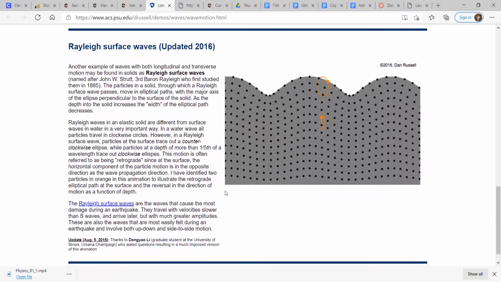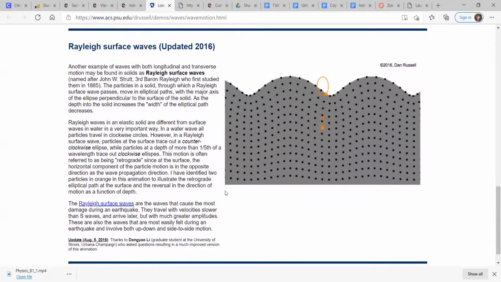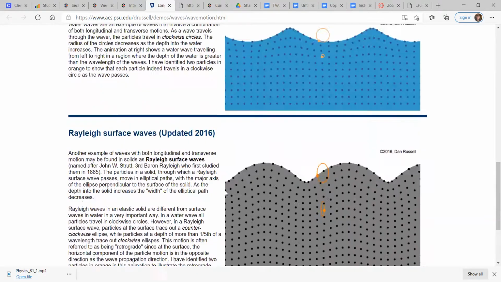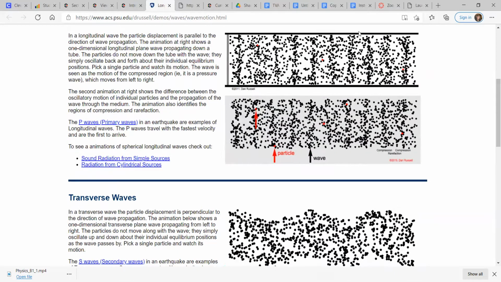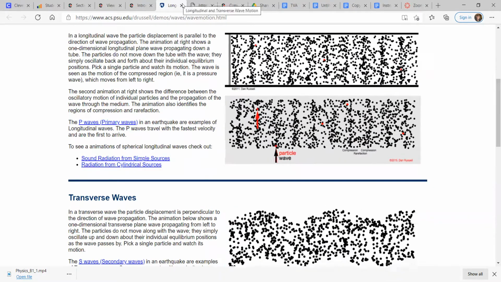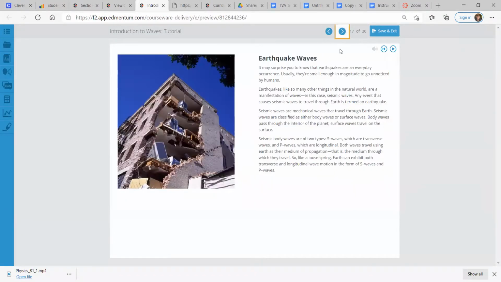And these are the ones that you can easily feel during an earthquake. And they involve both up and down and side to side motion. But yeah, it's a fun animation. So let's get back to our tutorial.